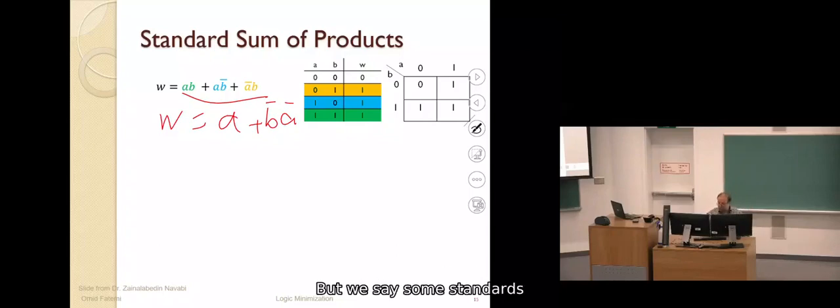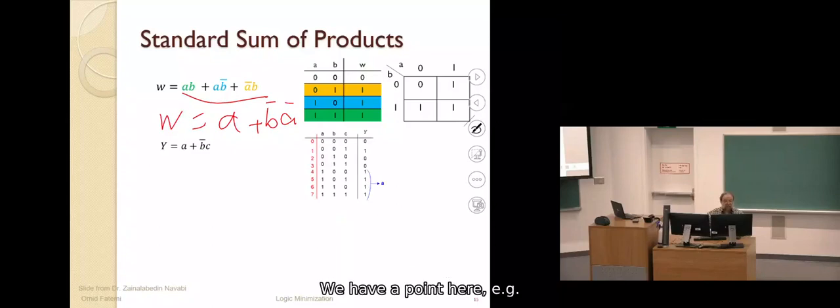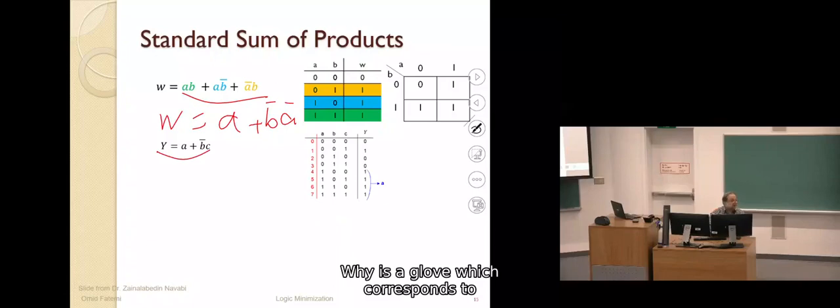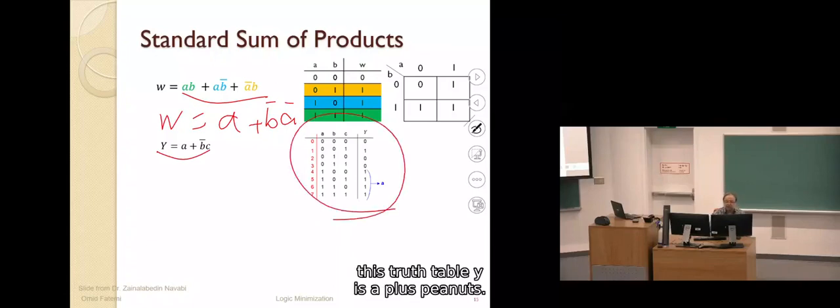But with a standard sum of product, we want to reach a point which I will give you later. For example, here, this is not a min term. Y, which corresponds to this truth table, is A plus B naught C, this one. This is not a standard sum of product, but it is a sum of product.